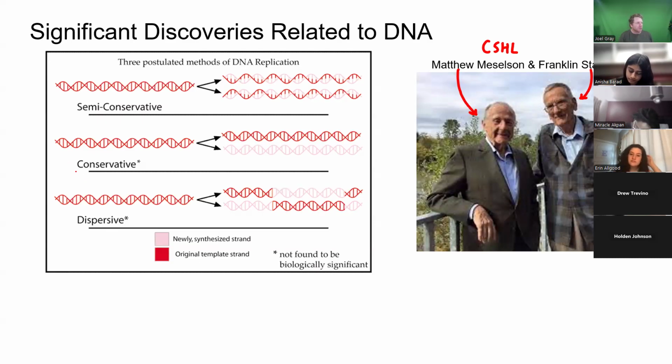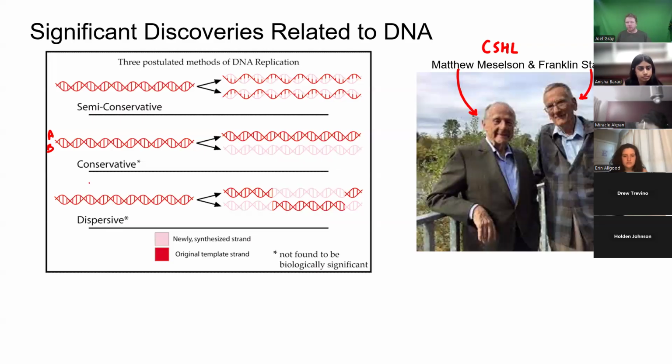One model was termed conservative replication. What that meant was you had your two strands of DNA, and you would use each of them as a template for new strands. We could think about it as strand A and strand B. You'd separate those two strands, copy A, copy B, take the two copies and put those together, and then return original strands A and B to their original partners.